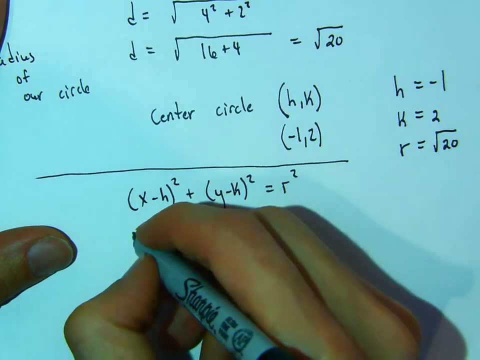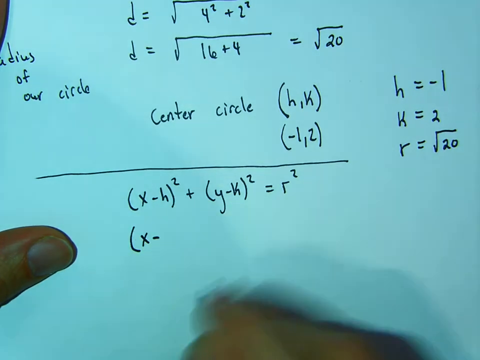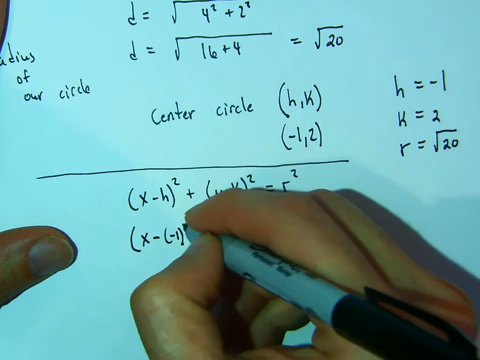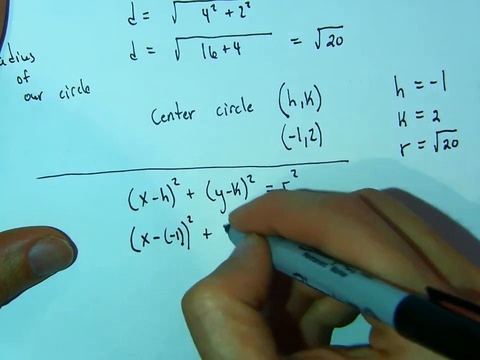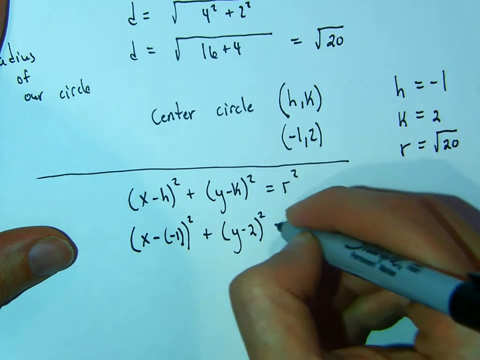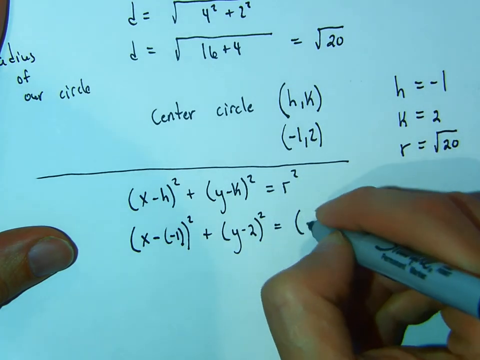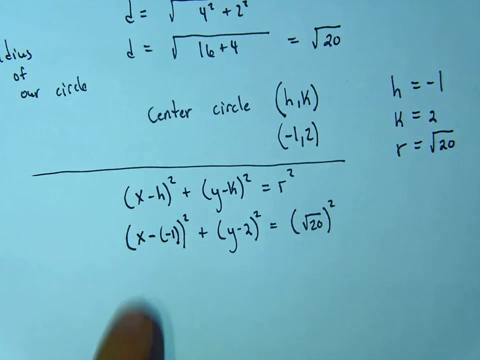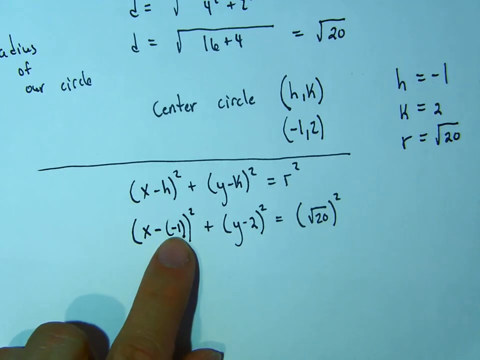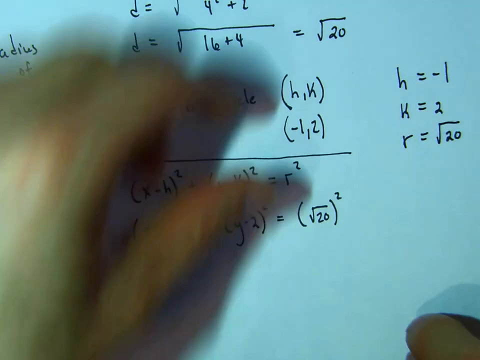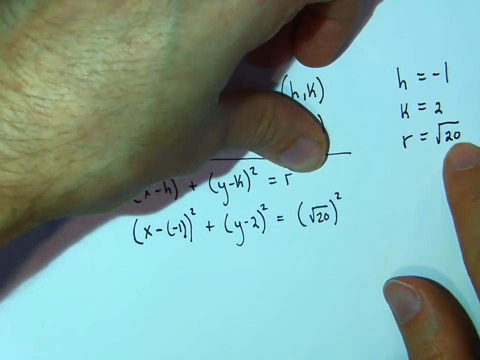So then here I just have (x - (-1))² plus (y - 2)² equals the square root of 20, the whole thing squared, right? Because here my h is -1, my k is 2, and my r is the square root of 20.